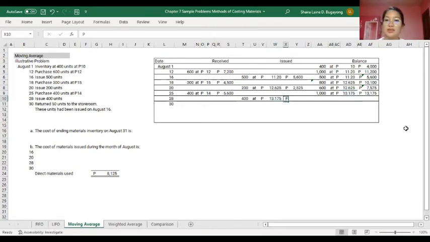So total ana is 5,270. So i-deduct na to 1,000 minus 400. And then ang ihapong cost minus kani 5,270, 79 na lang. So still at 13,175.